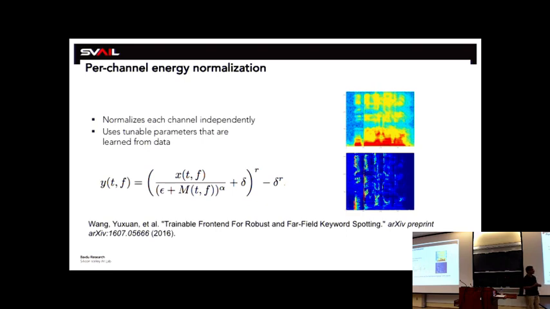Then we also do spectral normalization, mean and variance normalization from statistics collected from the training data, and then we do log compression of the spectrograms. What per channel energy normalization is trying to do is to automate, or parameterize, both of these transformations. It removes the log compression and also does automatic gain control, power normalization.